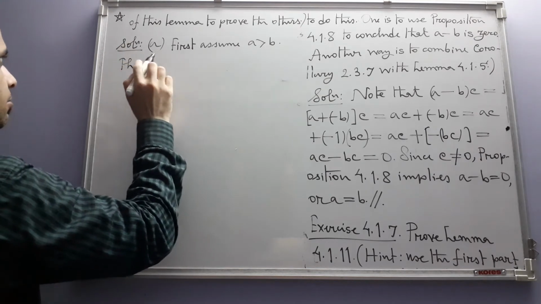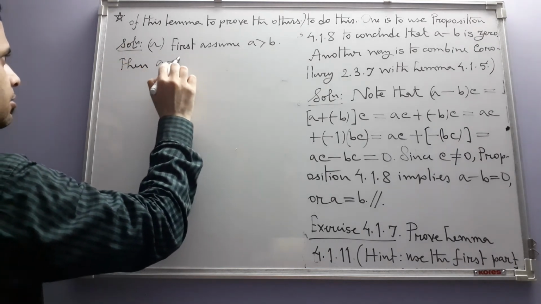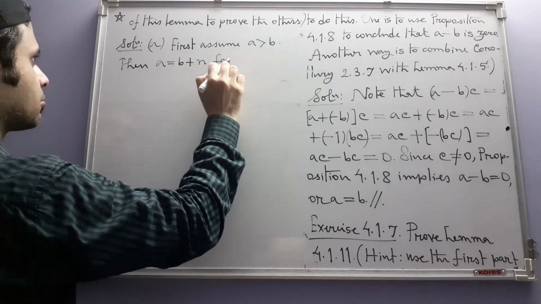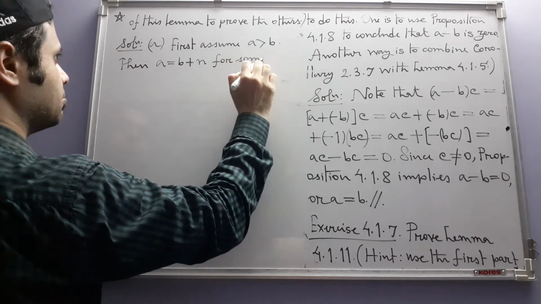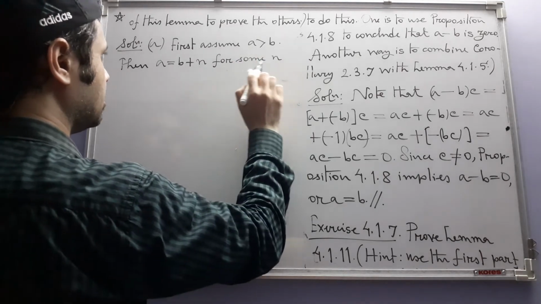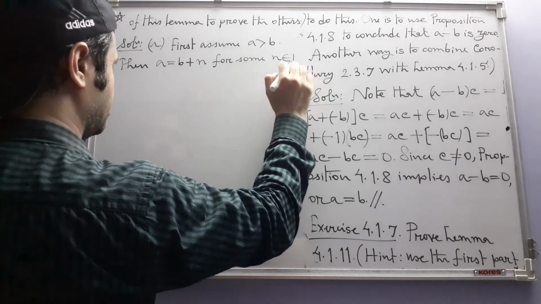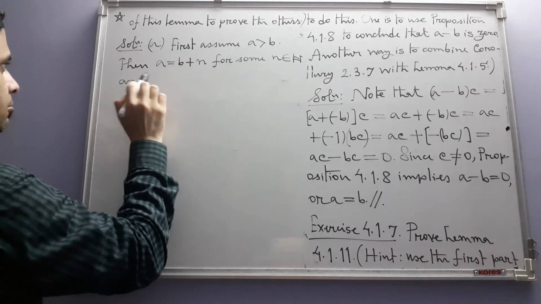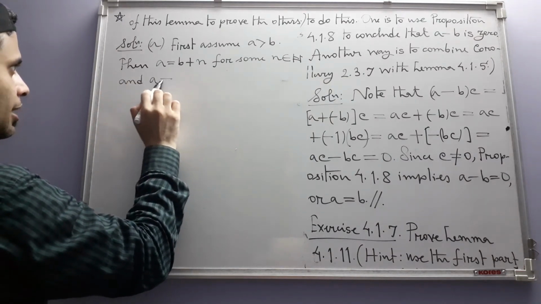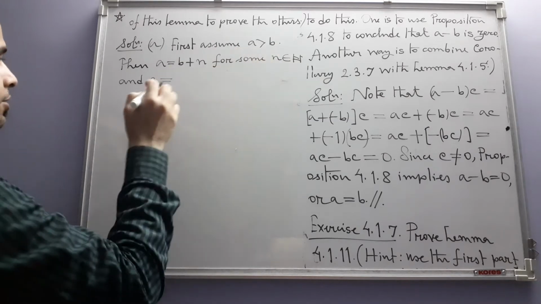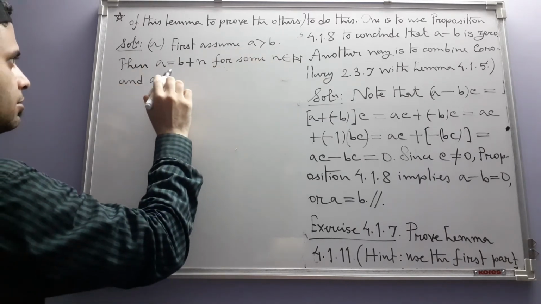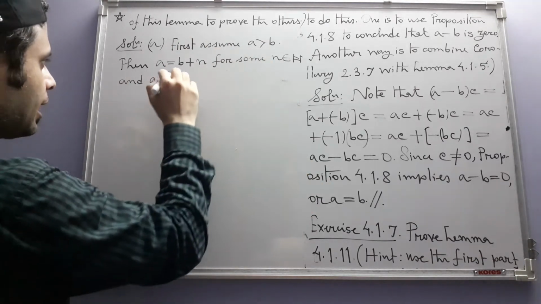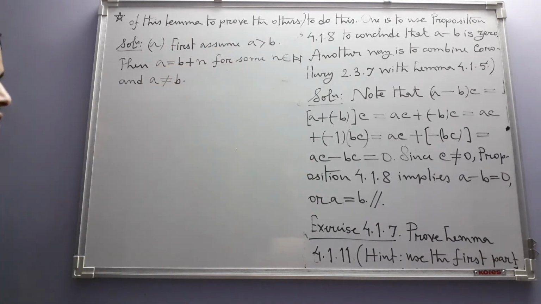Then a is equal to b plus n for some natural number n, and simultaneously note that this is strict inequality. So by definition, only this one means a is greater than or equal to b. Additionally, here we should have a not equal to b.